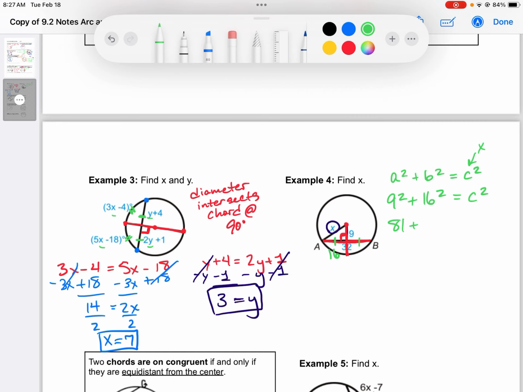I can't type on my calculator. 256. Glad I double checked. And so when you combine those together, that gives you 337. And that's still c squared, so I have to find the square root of both sides. The square root of 337 means that my hypotenuse is about 18.36.